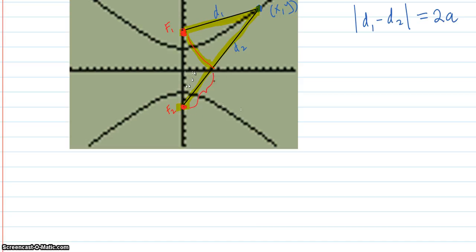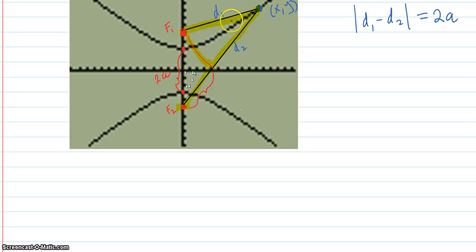Okay, and I want you to realize that every time we do this, that distance, which is constant, is going to be equal to this distance. So this distance here is going to be the 2a from this point to that point, and those are going to be called vertices of this hyperbola.